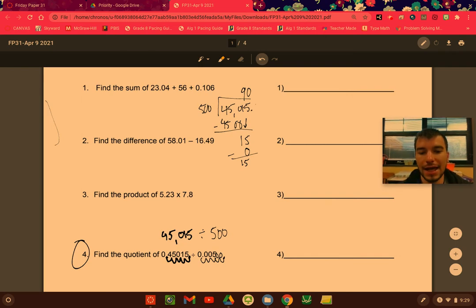Now I'm going to add a decimal onto my 0 and bring that 0 all the way down. Now 500 goes into 150 zero times, again. It's just zeros all around again. So I bring down one more 0.